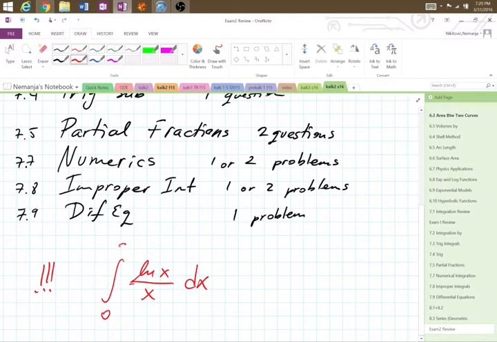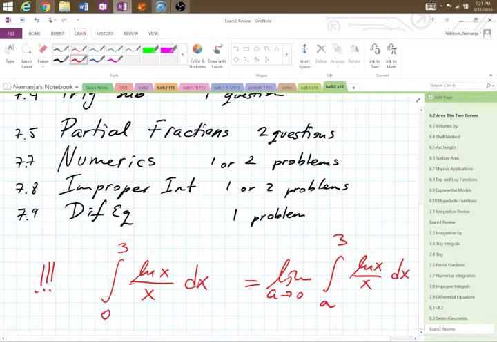If I go from 0 to 3, you see that? ln x cannot be computed at 0. x in the denominator computed at 0, right? There is a fat asymptote there because both of these don't work at 0, which means your next step is immediately limit a goes to 0, and then a to 3 of ln x over x dx, and then if you know your u sub, you will actually do that problem.